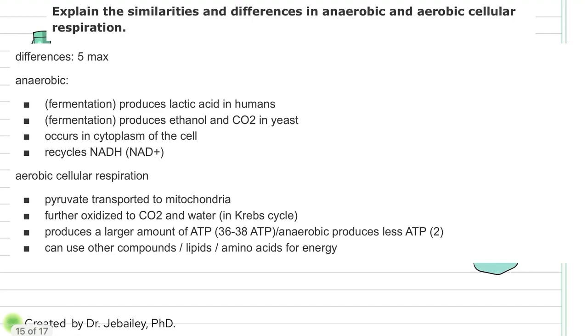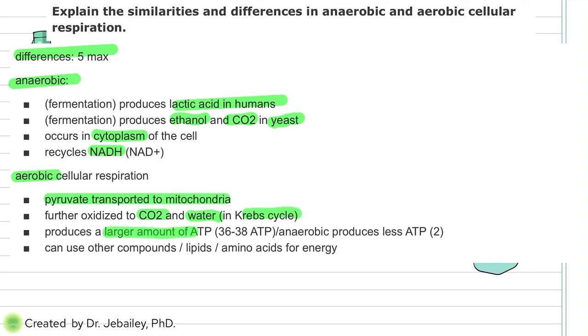Now when it comes to the differences, here's more of what we have. Anaerobic is producing lactic acid, but if it's in yeast, it will produce ethanol and CO2, and it occurs in the cytoplasm, as we said, and recycles NADH. When it comes to aerobic, which has oxygen, the pyruvate will go to the mitochondria, as said, and it will get rid of the CO2 and water through the Krebs cycle.